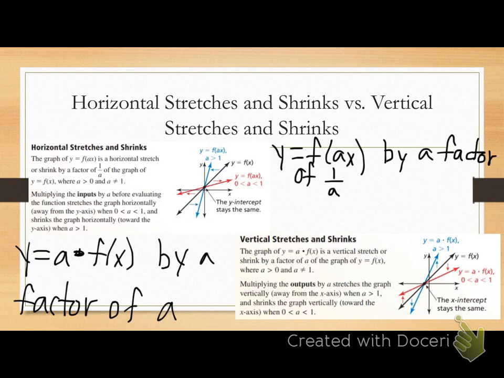Multiplying the outputs by a stretches the graph vertically away from the x-axis when a is greater than 1, and shrinks the graph vertically toward the x-axis when 0 is less than a is less than 1.